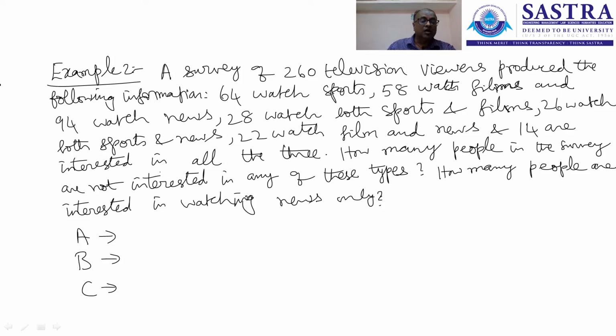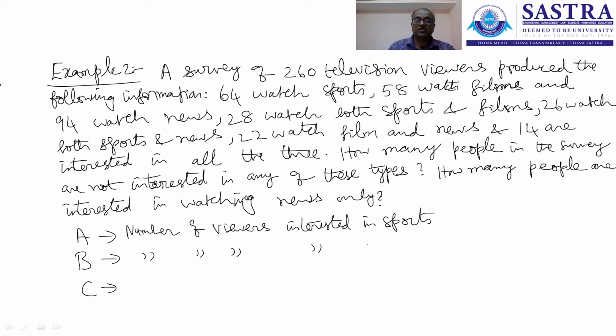Now what is A? A is the set of viewers interested in sports. B is the set of viewers interested in films. And the third one, C, is the set of viewers interested in watching news.